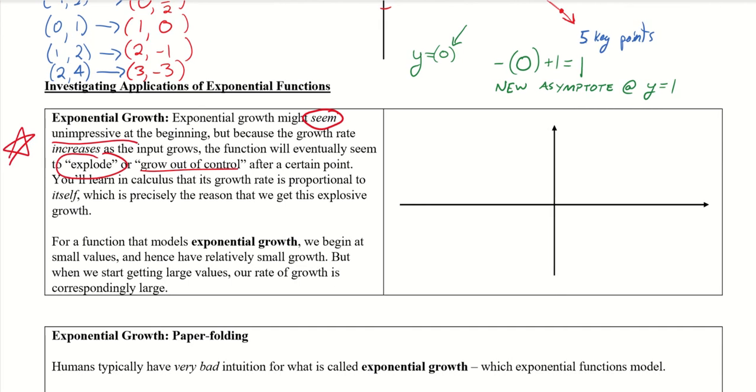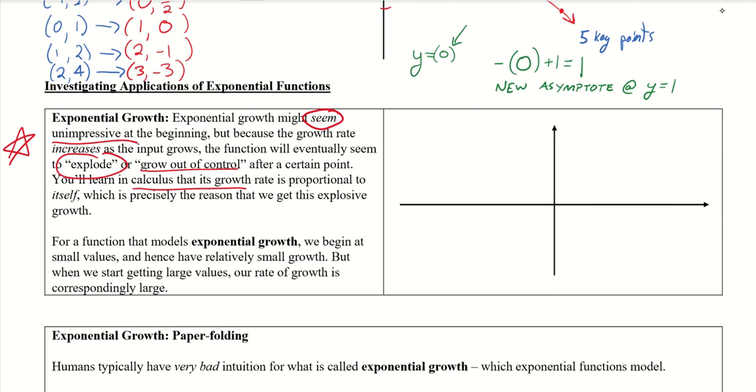You'll learn eventually in calculus the true shocking rate of growth that exponential functions can exhibit. But it does take a while to truly understand why exponential functions are so special because of that growth rate.